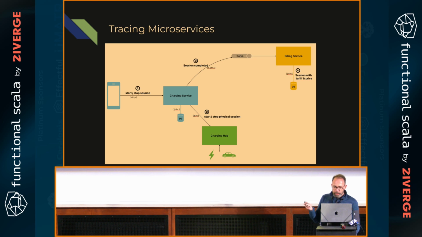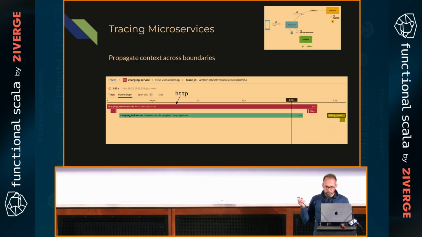If I'm tracing a microservices architecture such as this one, you want to see something like this. So when I'm stopping a session, I want to see a span for when the incoming HTTP call occurs.